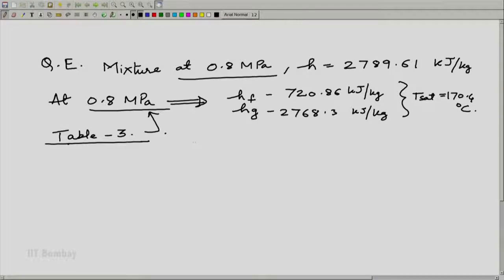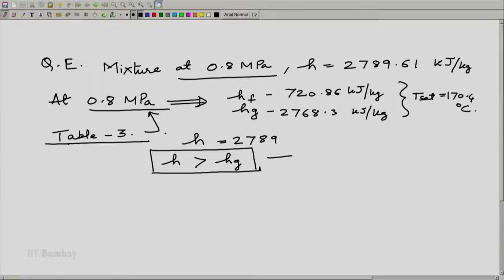Obviously, we can see that our H value is 2789, so I can say that H is more than Hg. The moment I say H is more than Hg, I am sure that I am in the superheated vapor zone.